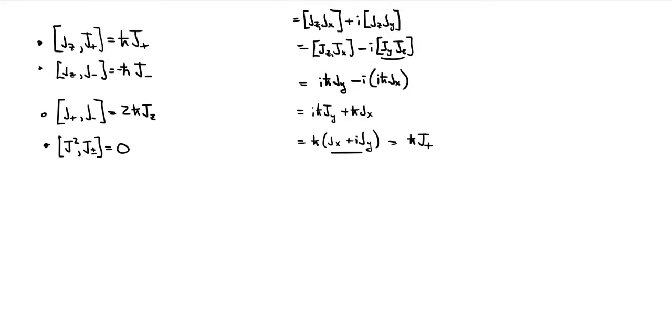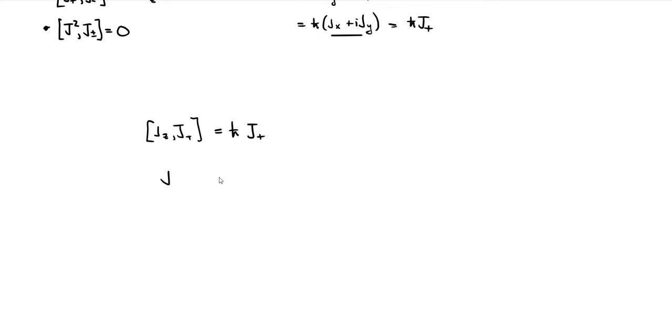How do we do that? Let's look at this commutation relationship we just derived. We have the Jz operator with the J plus operator is going to be equal to h bar times the J plus operator.